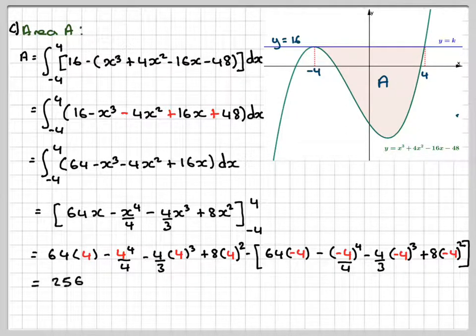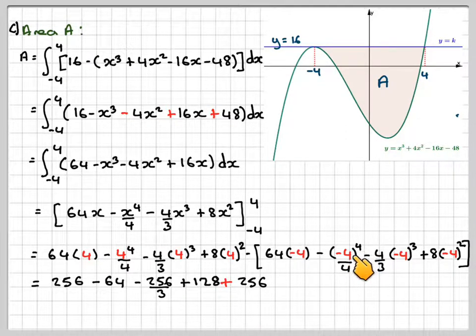So working each of these out, 64 times 4 is 256. 4 to the 4 divided by 4 gives me minus 64. This now gives me minus 4 times 4 cubed, which is 256 over 3. And then 8 times 4 squared is 128. Now being very careful here, 64 times minus 4 is negative, but minus it will make it a plus 256.